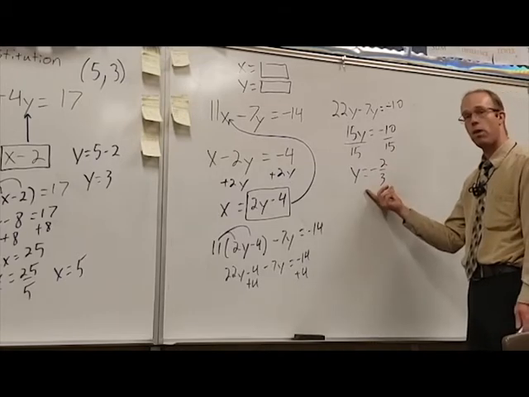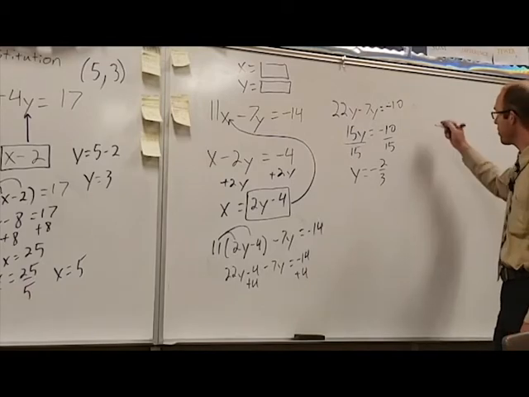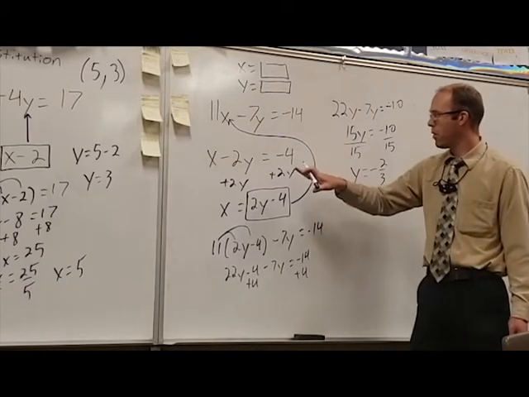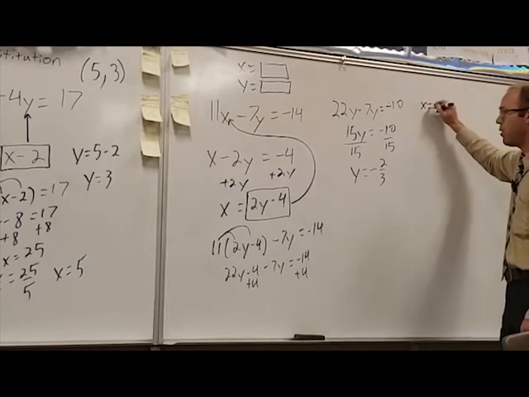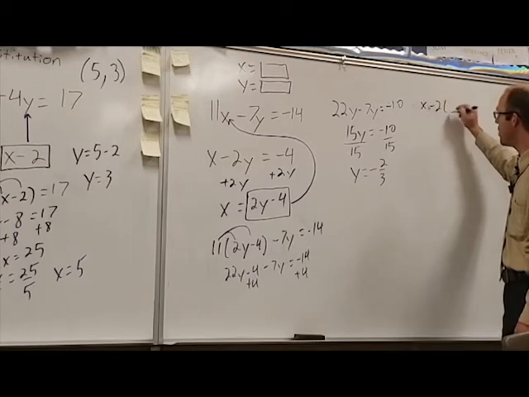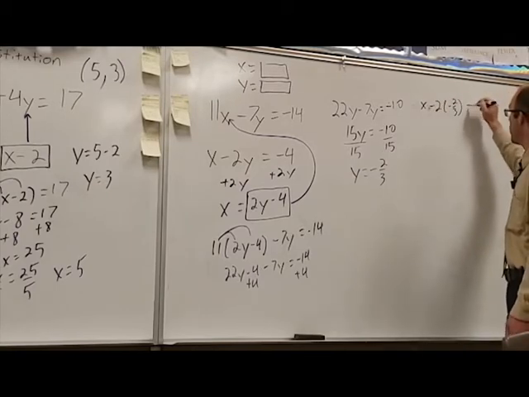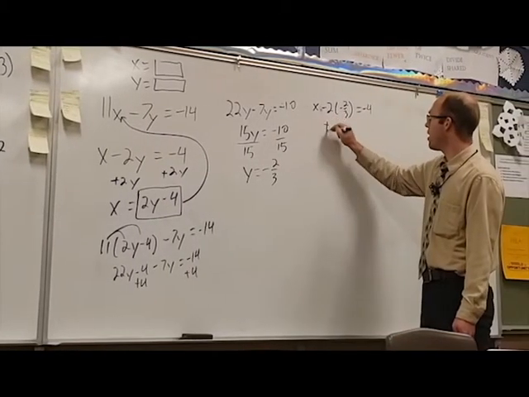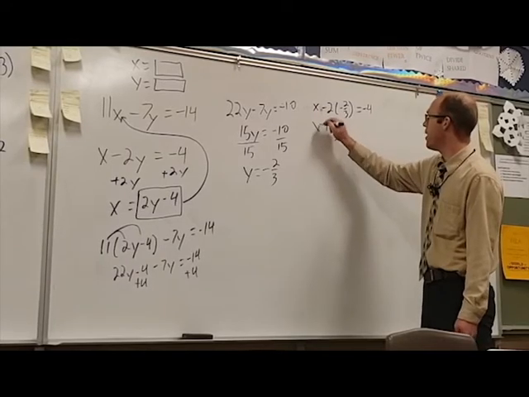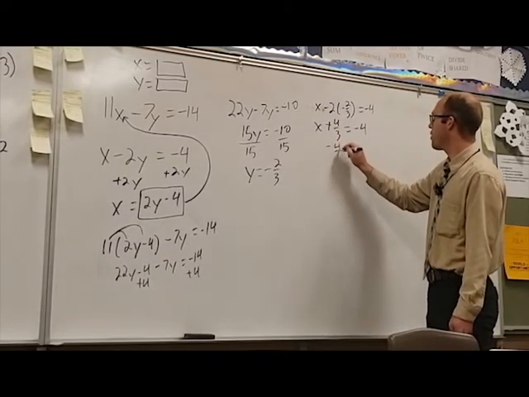Okay, we now have our y value. Let's plug it back in to solve for our x value. So I'm going to put it into here. That gives me x minus 2 times negative 2/3 equals negative 4. Negative 2 times negative 2/3 is positive 4/3. So we get x plus 4/3 equals negative 4. We'll subtract that 4/3.